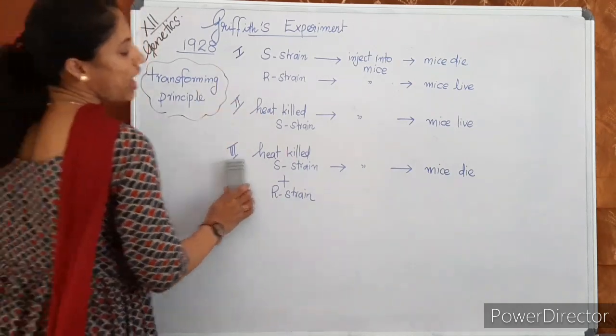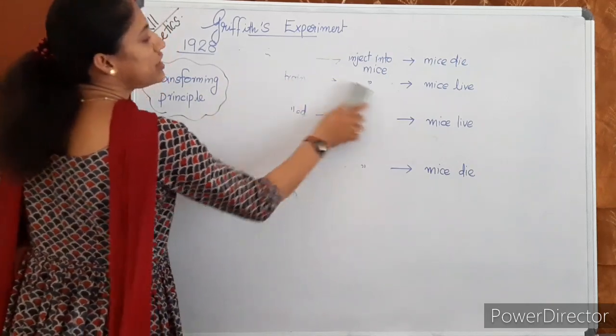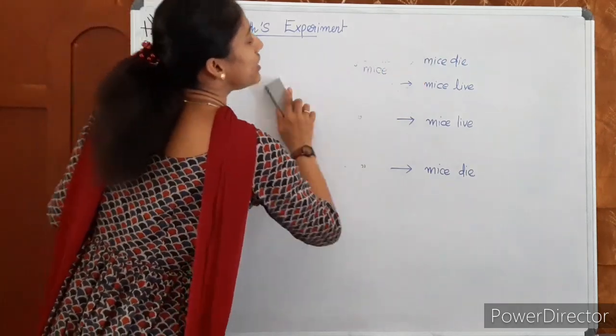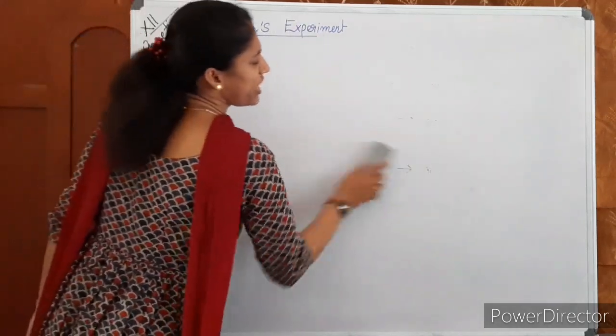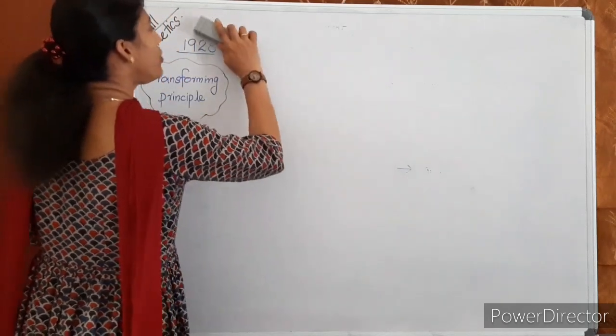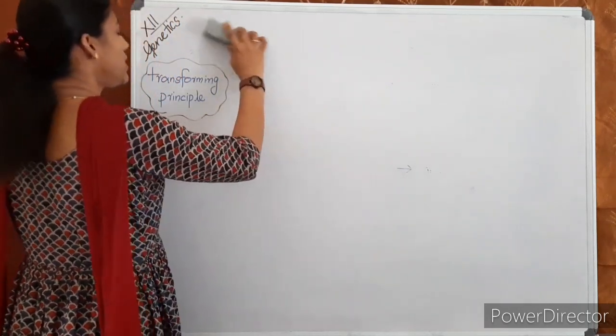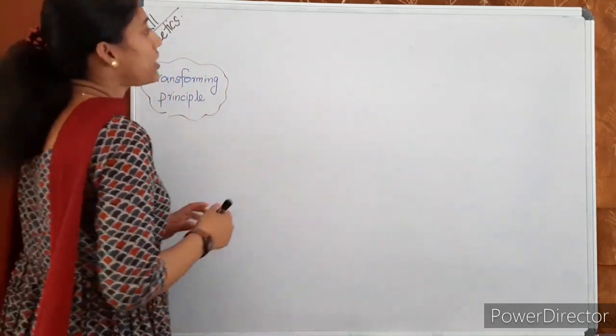Then how did the other three scientists confirm it? They studied the transforming principle further. These scientists are Avery, MacLeod and McCarthy. They did the experiment between 1933 and 1944, in that period.